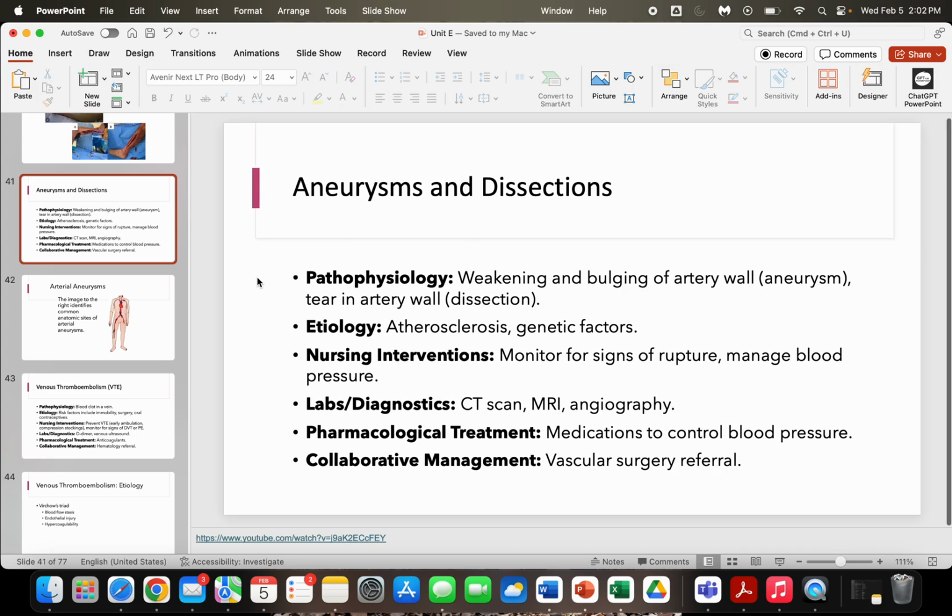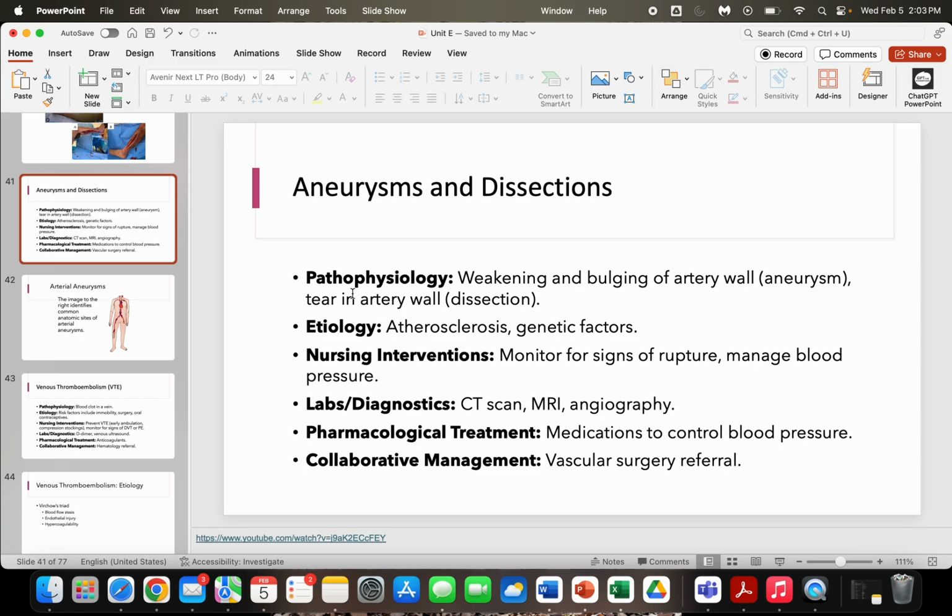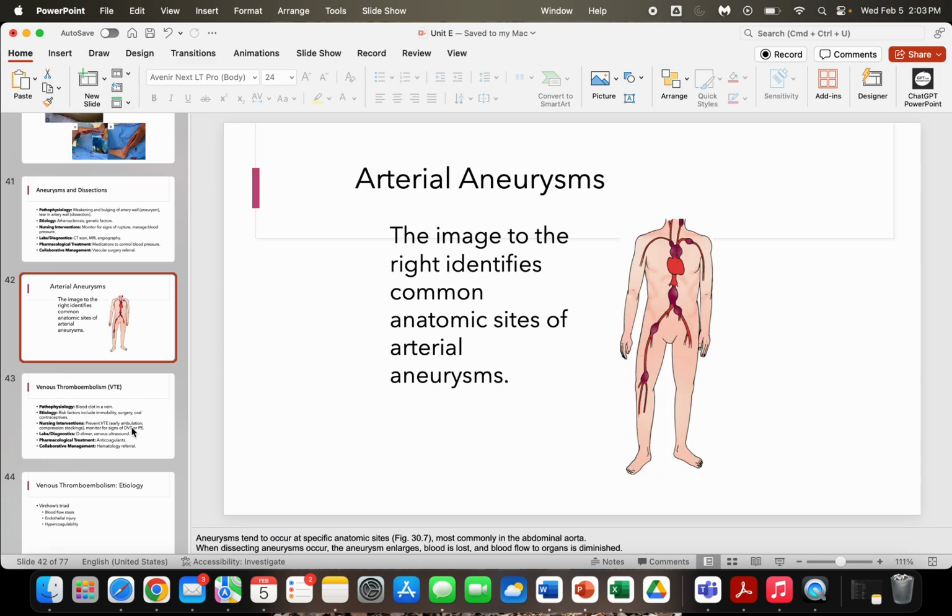What's important is that if we can diagnose the aneurysm ahead of time, then usually they can prophylactically perform surgery, or at least monitor it, so that it doesn't dissect. They usually need a vascular surgery referral. It's also very important to control blood pressure in these people, because the higher the blood pressure on that aneurysm, the higher the risk of it busting. So that's a super important piece of this.